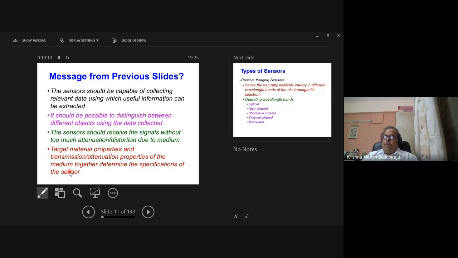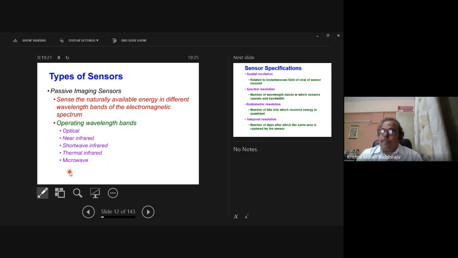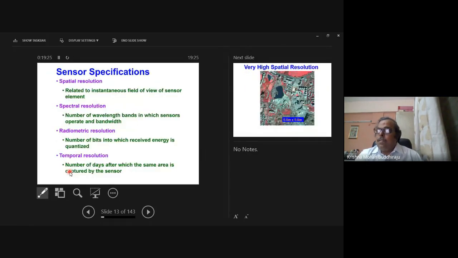So you should know for your application what are the right specifications. So what are the specifications? One is, what is the smallest area on the ground that can be uniquely captured by the remote sensing system?